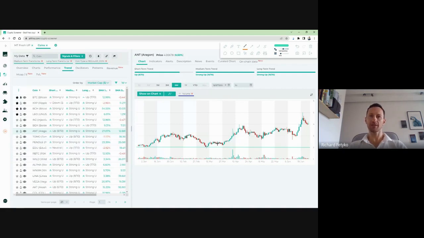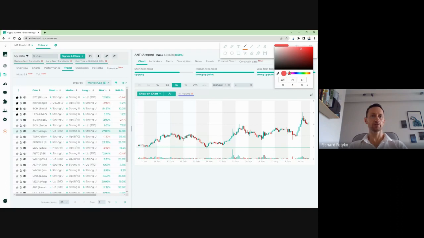Clearly, $2 is a level where investors and traders find this asset to be undervalued, interesting, whatever it is. They tend to buy it at these levels, and you'll see that on all assets over time, at certain levels is where buyers come to the table and buy because they view it as undervalued.